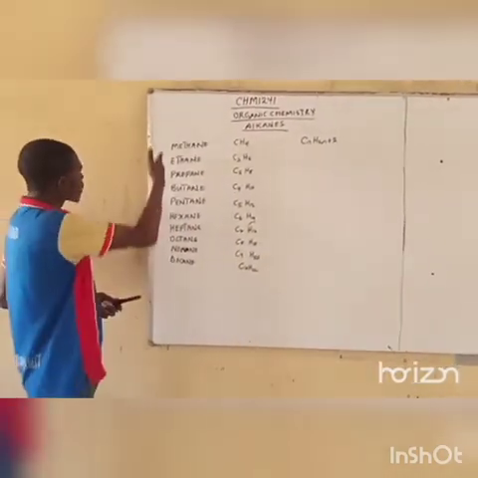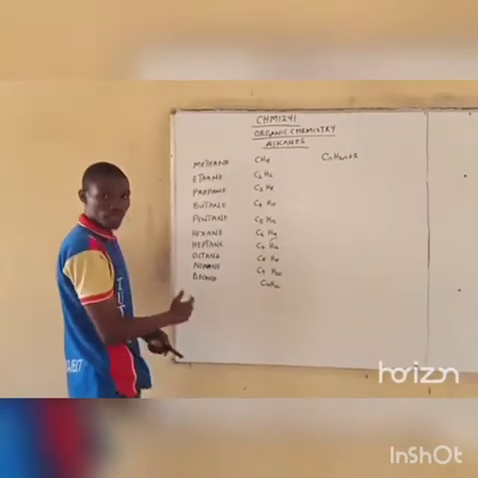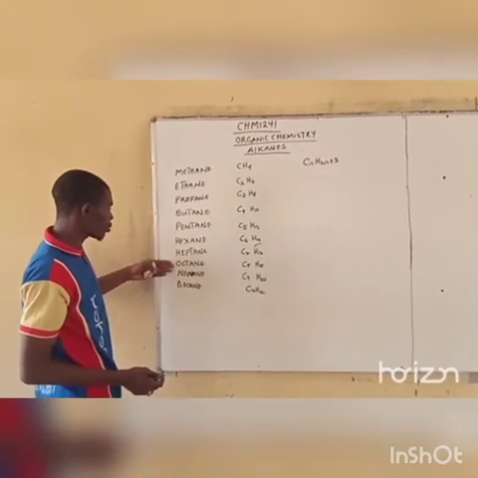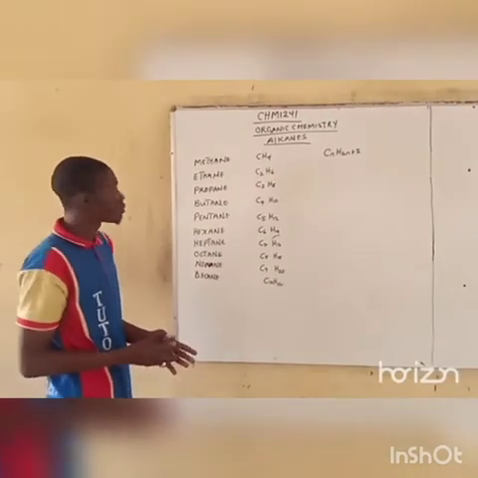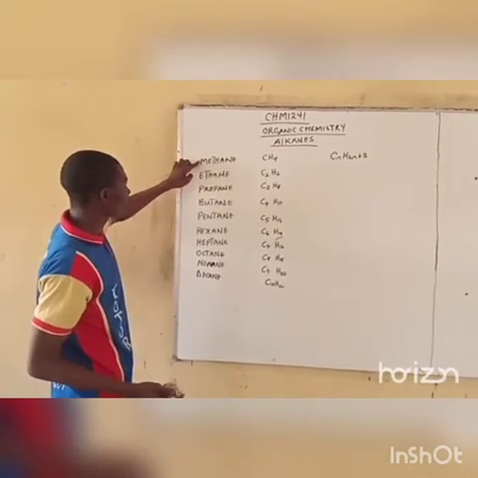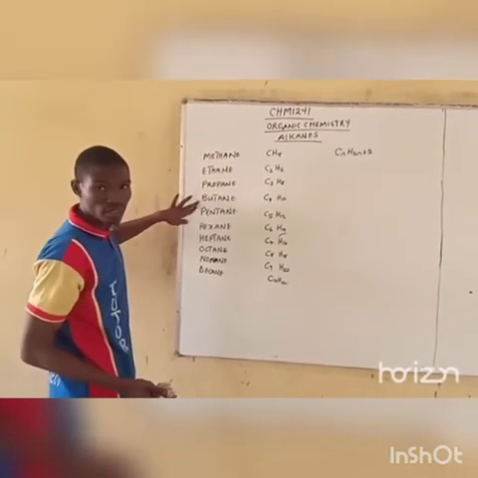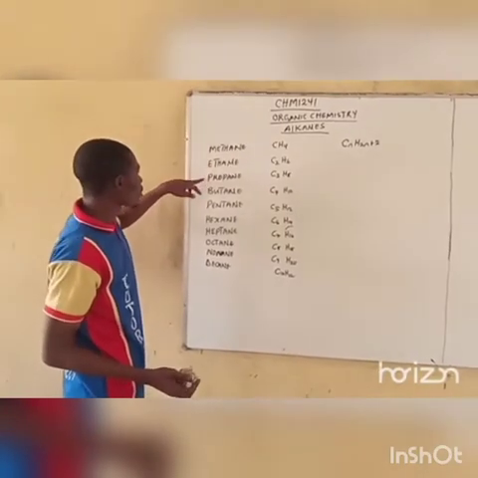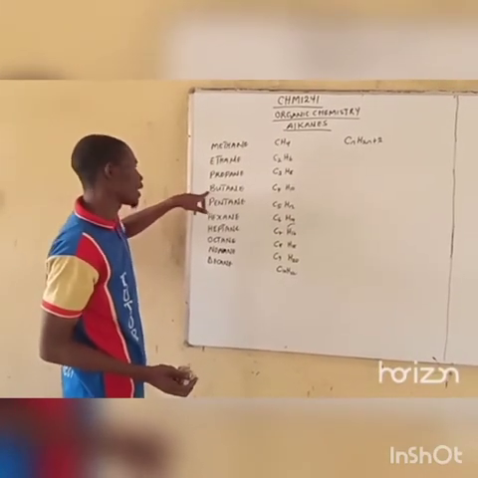Now, these are the first 10 members of the homologous series of alkanes: methane, ethane, propane, butane, pentane, hexane, heptane, octane, nonane, decane. It's very simple. For the first 4, you use "monkey eat peeled bananas": monkey, methane; eat, ethane; peeled, propane; banana, butane.